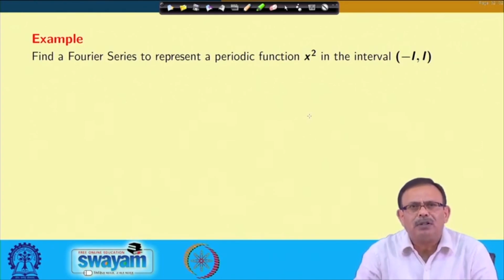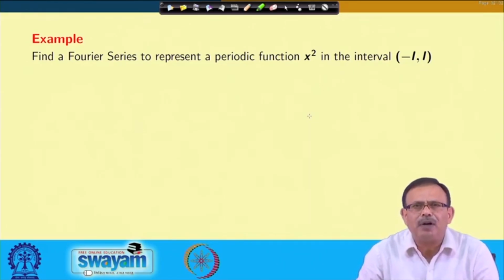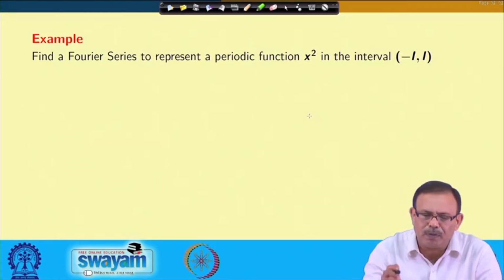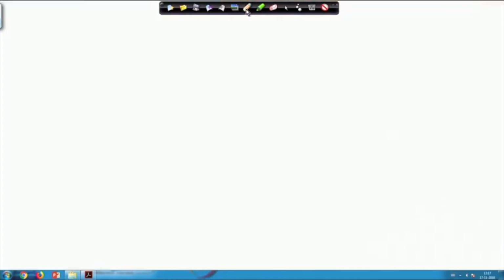Let us see this one. Earlier, we wanted to find the Fourier series of the function f(x) when f(x) equals x. Now, we have been provided with f(x) equals x square. So, since f(x) equals x square, this is an even function.